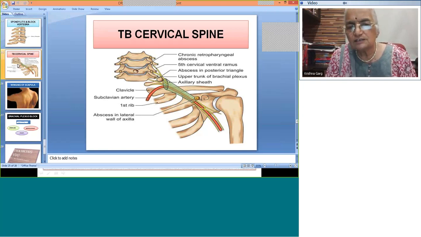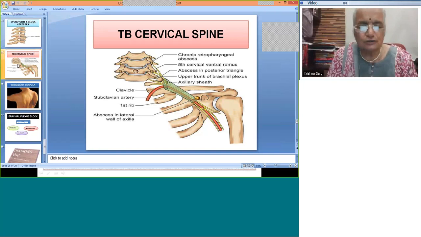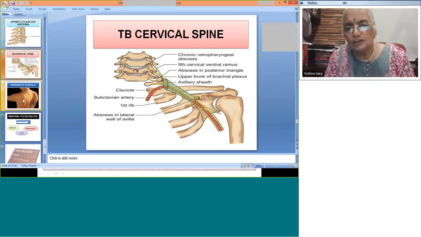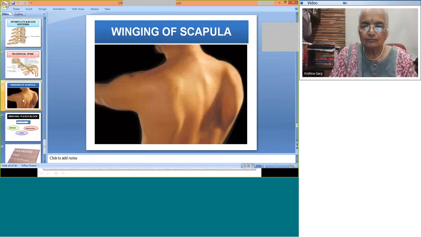The sheath is thick around the artery and thin around the axillary vein. As this sheath passes down, the cold abscess of the vertebra may also pass in the upper part of the axillary sheath, or it may pass down in the lower part.